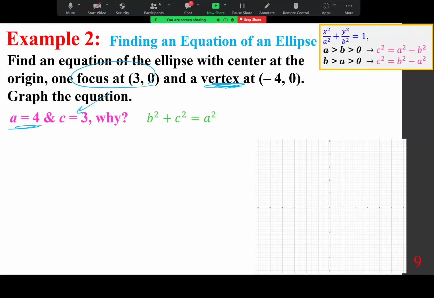Now we go with this formula, b squared plus c squared equals a squared, which makes b squared plus 9 equals 16. Subtract 9, you get 7, and b is square root of 7.